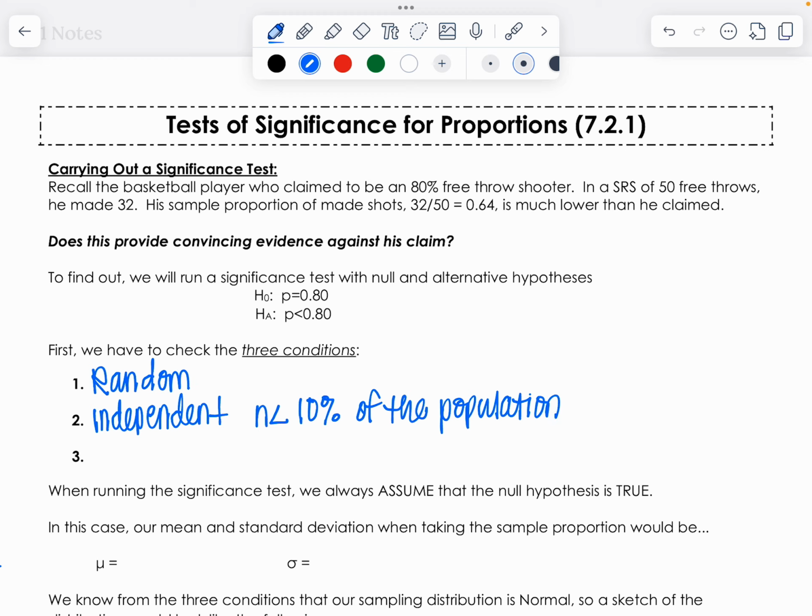And we still have to show that we fit the normal sampling distribution, meaning that n times p is greater than or equal to 10, and n times 1 minus p is greater than or equal to 10.